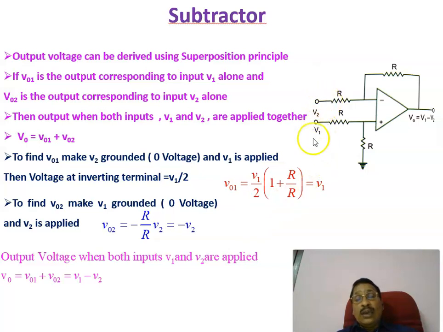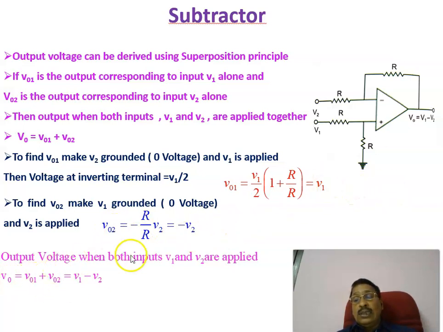Therefore, V01 equal to V1 and V02 equal to minus V2. When both inputs V1 and V2 are applied, the total output V0 equal to V01 plus V02, meaning V1 minus V2.